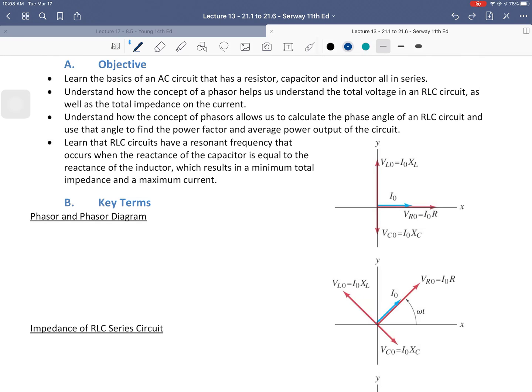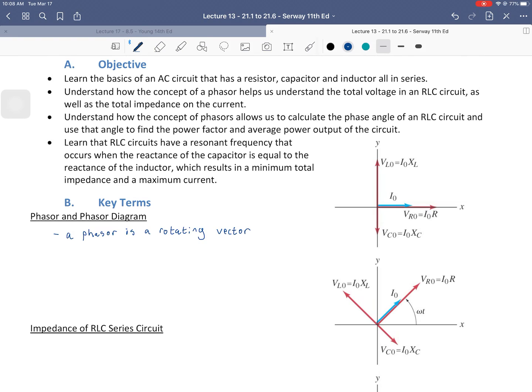Let's get to discussing some of our key terms. The first one is the idea of a phasor and a phasor diagram. A phasor is simply a rotating vector. It has all of the same properties of a vector, namely that it is defined by its length and its angle.